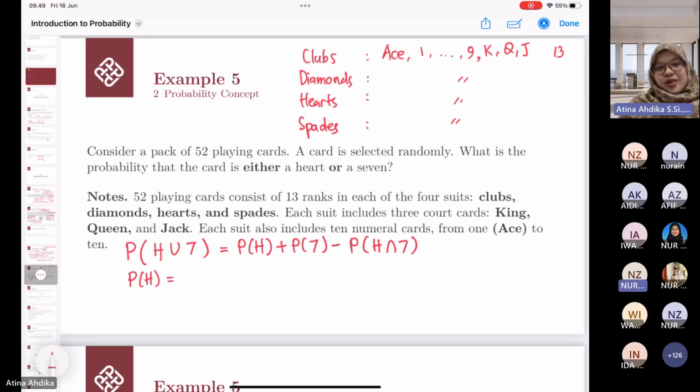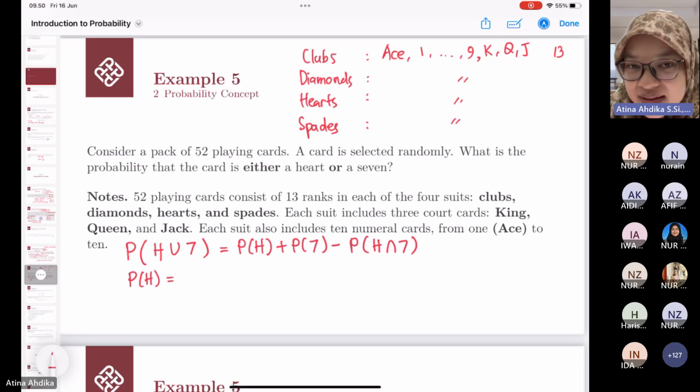Oh, okay. So suppose that we have 52 playing cards, which consist of 13 cards for each suit. So we have 4 suits, consisting of clubs, diamonds, hearts, and spades, and each of the suits consists of 13 cards. What are these 13 cards?